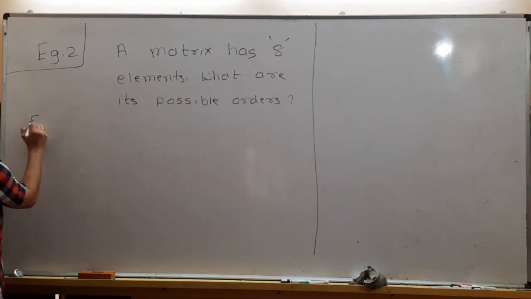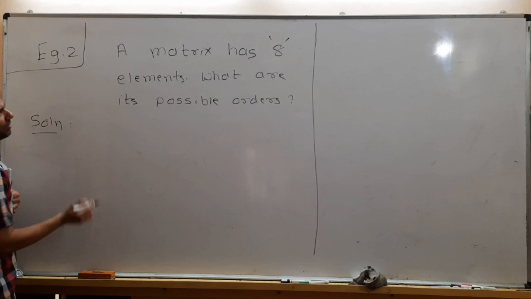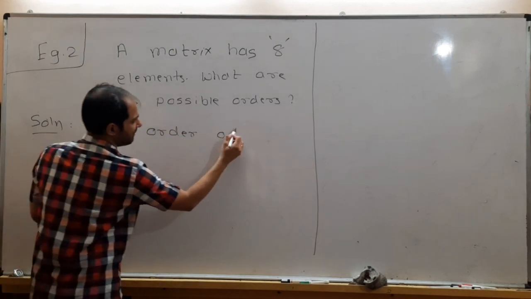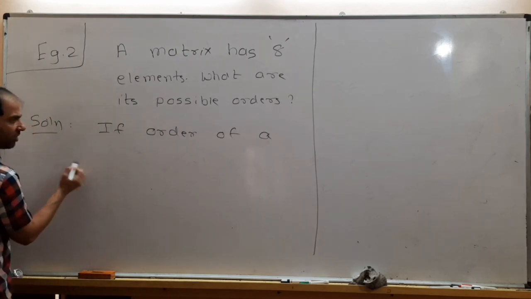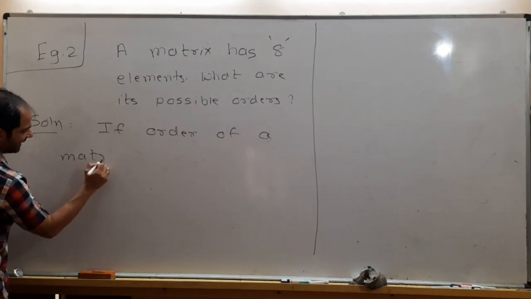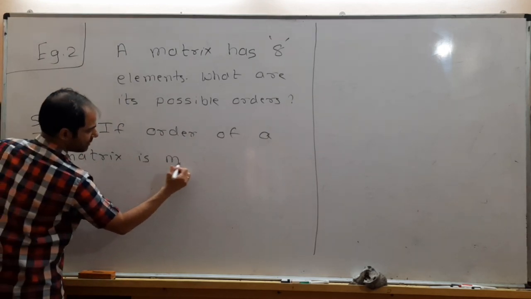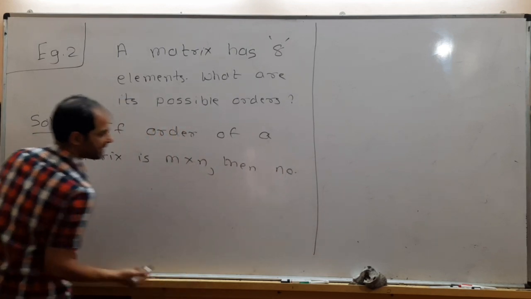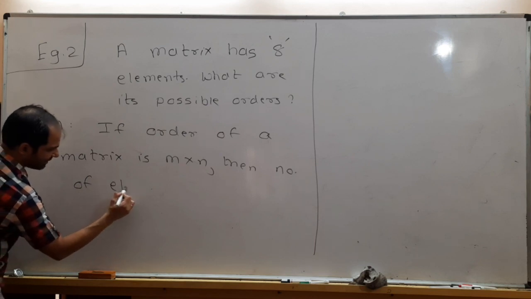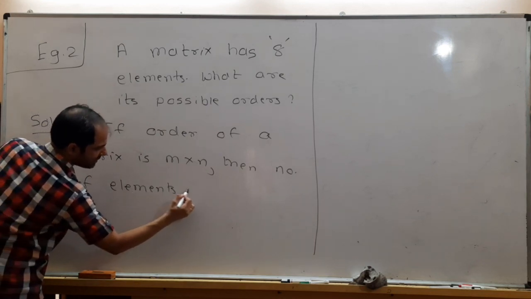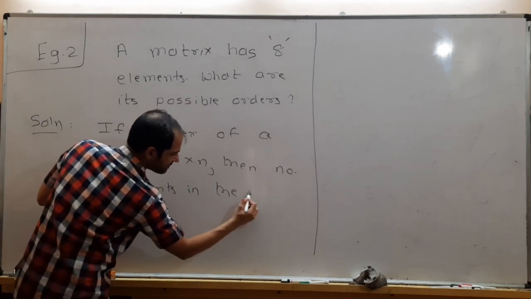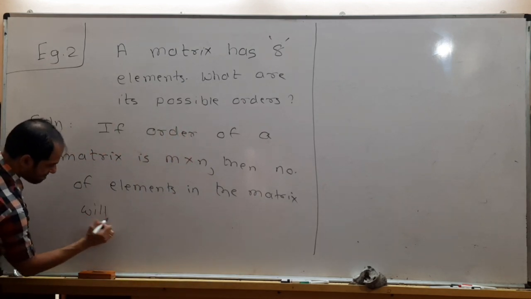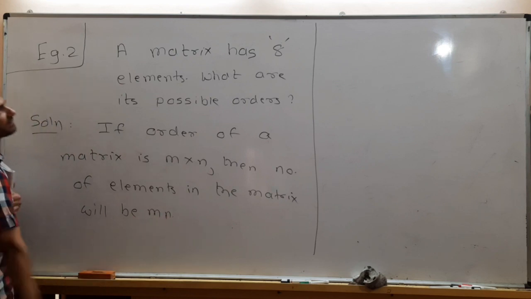We know the solution. Yesterday we had, if the order of a matrix is m cross n, then the number of elements in the matrix will be mn.